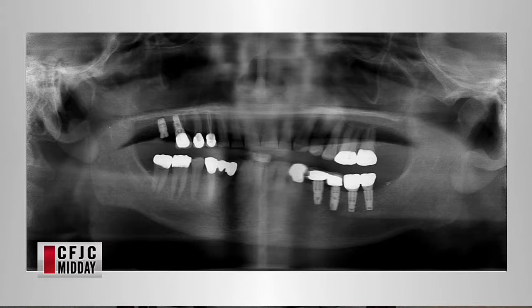If we look carefully at where that bone level is, I don't have any way of pointing it out, but if you follow that white line on the jawbone, it carries right across where the implants are. And you can see that the implants are sitting at or just below the bone level, which allows the bone to actually integrate around the implant, making it very, very solid.